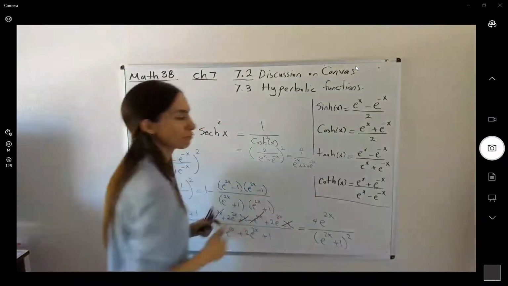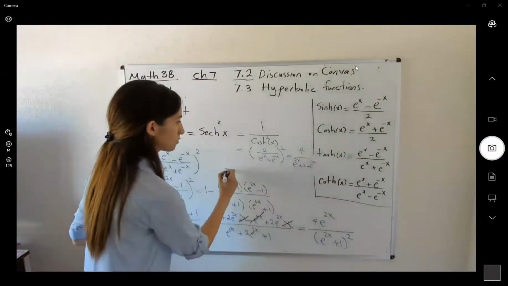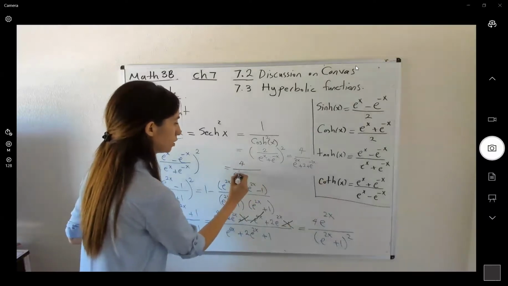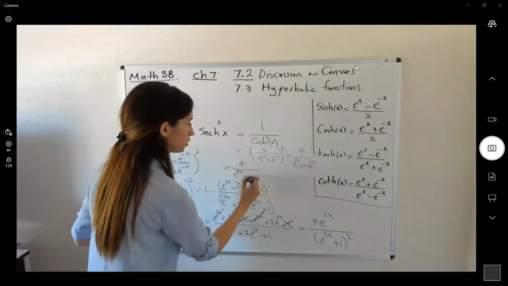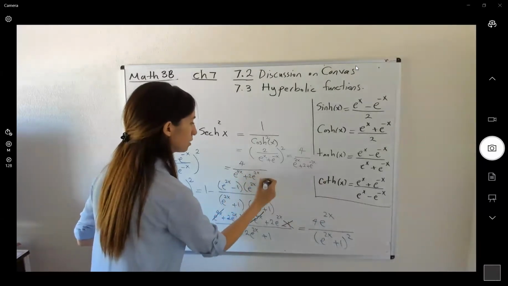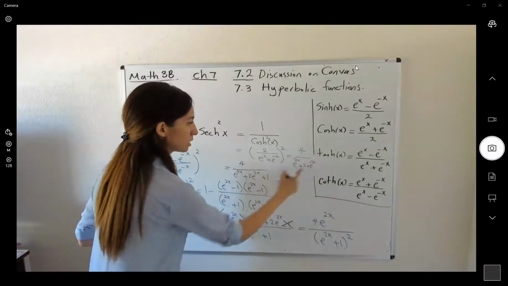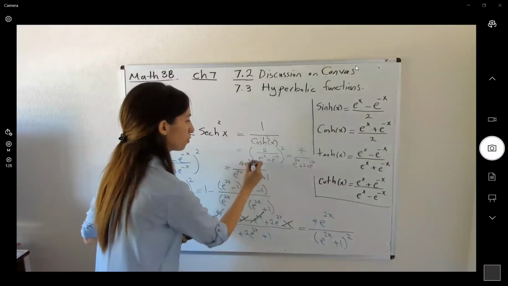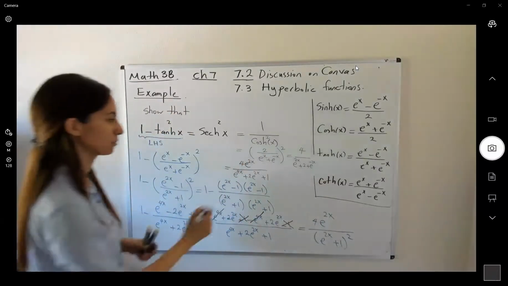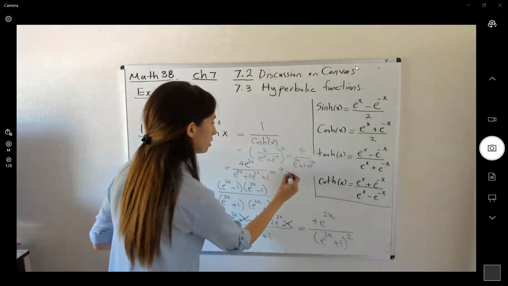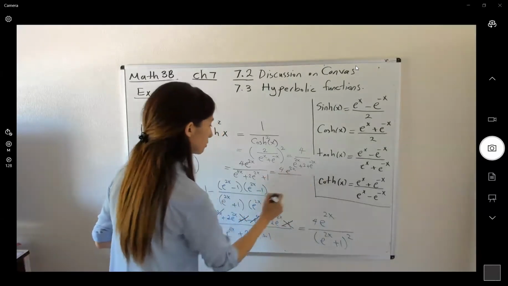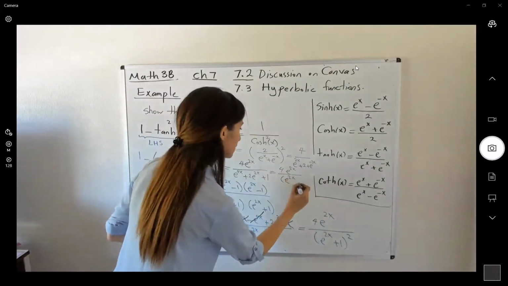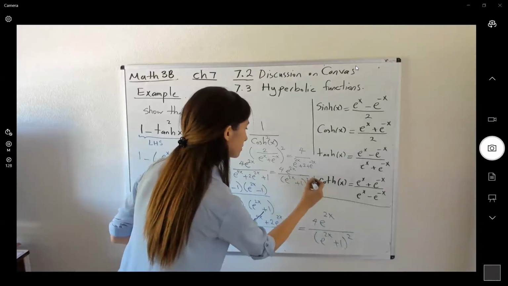If we write this with positive exponent, we have 4 divided by e to 4x plus 2 e to 2x plus 1 divided by e to 2x, so you can flip it and write it as e to positive 2x, which is equal to 4 e to 2x divided by, if you write this in compact form, you get e to 2x plus 1 squared.